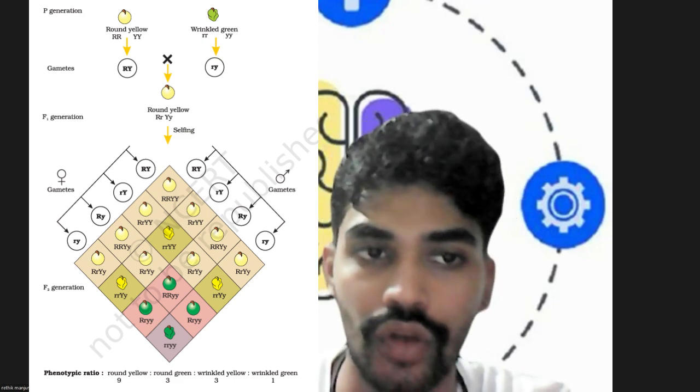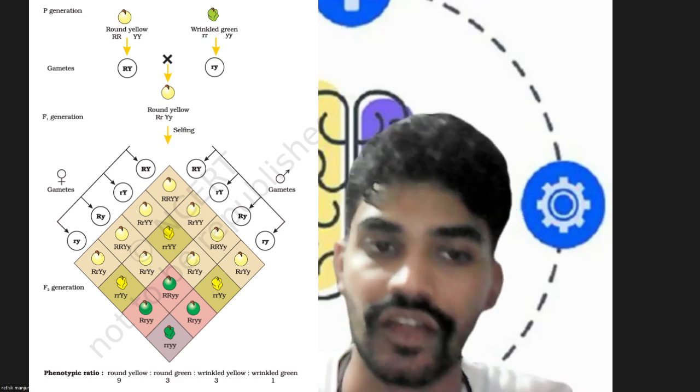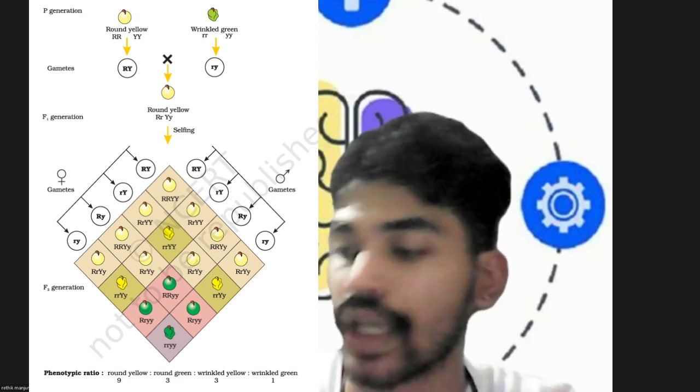Because round yellow, when crossed with the wrinkled green as a parent in the F1 generation, in the F2 generation you will get round yellow only.